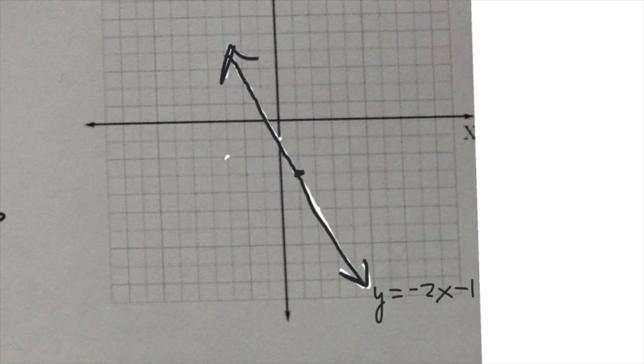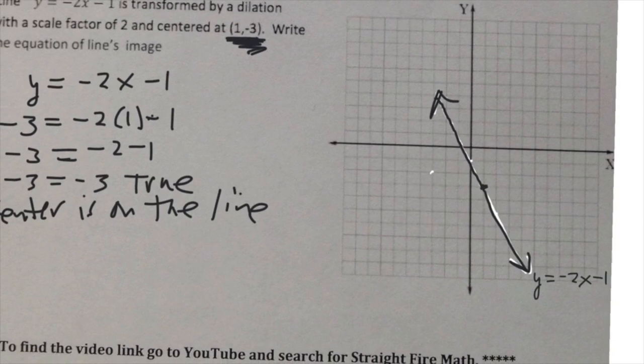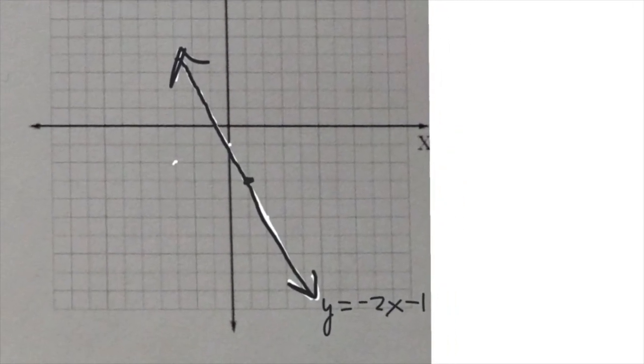To do this visually, you might want to use a compass or think about what a compass would look like when you're doing a dilation, which is something that we did in our class. We're doing a dilation of 2, just as the original question said. But this time we're going to move the center of the dilation off of the line.